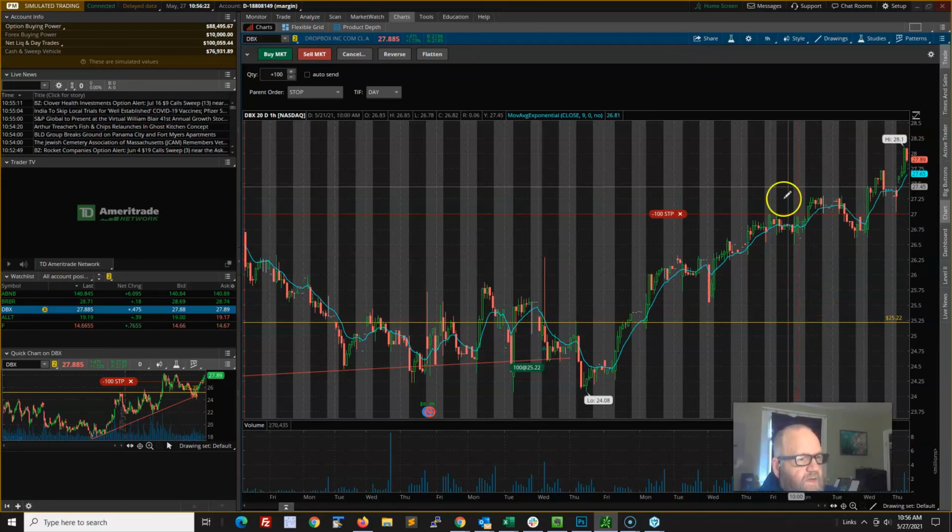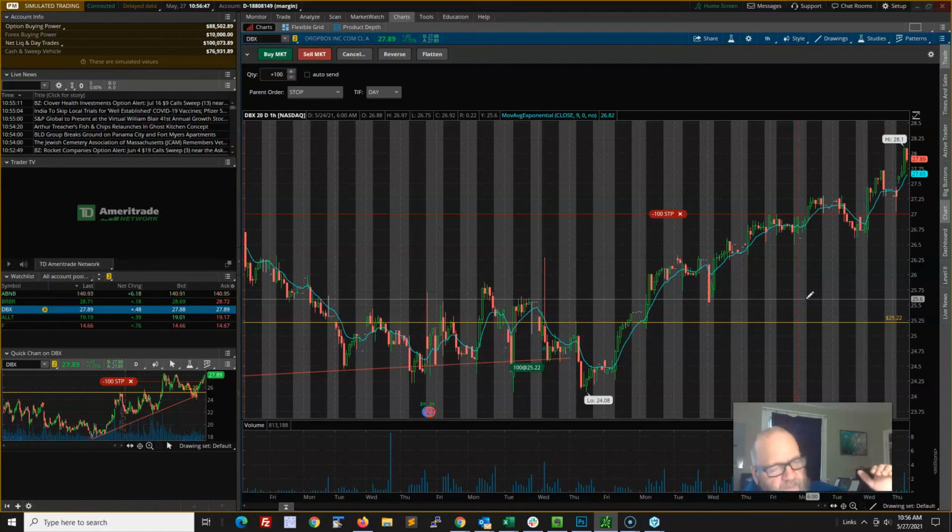So now I'm just going to follow this up as it goes up, right? My $2, or in this case $1.50 or so, but if I put it up to 27.22, my profits would be locked in, right? So I've got that. But if the stock keeps going up and I see it when I check in every day, then why waste it?